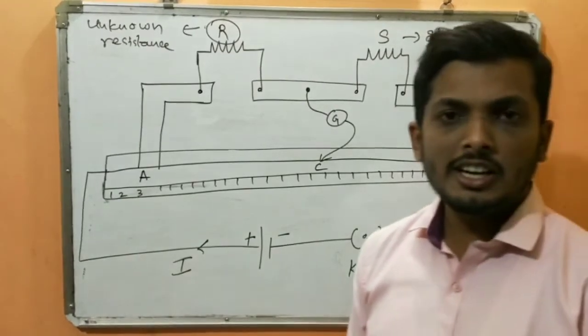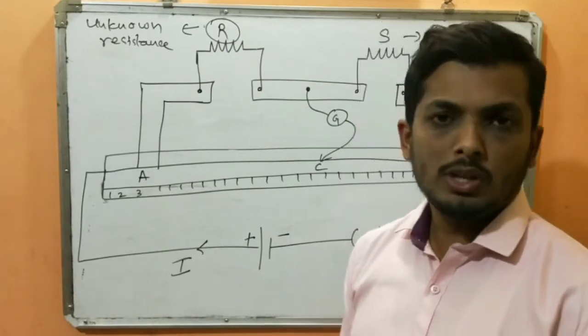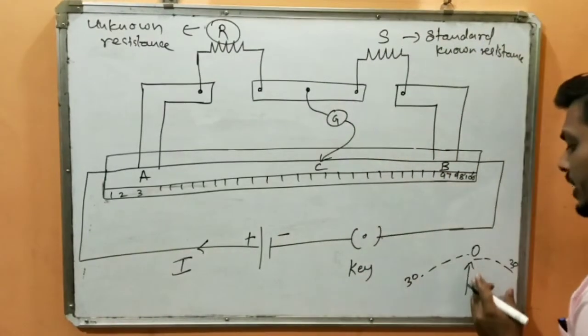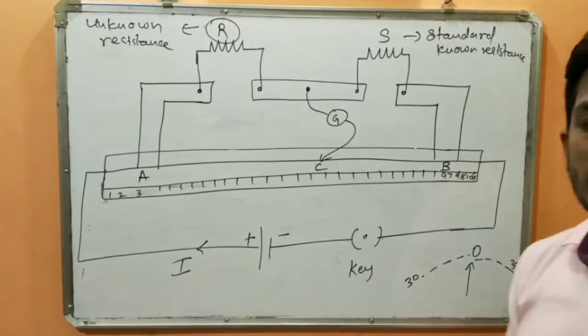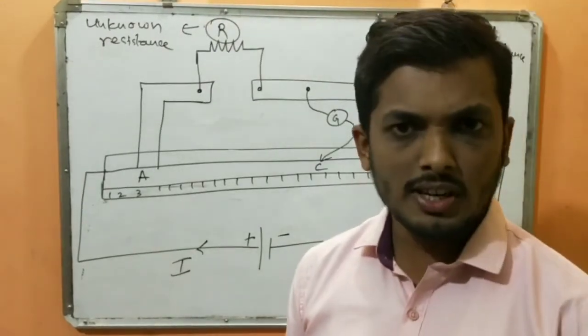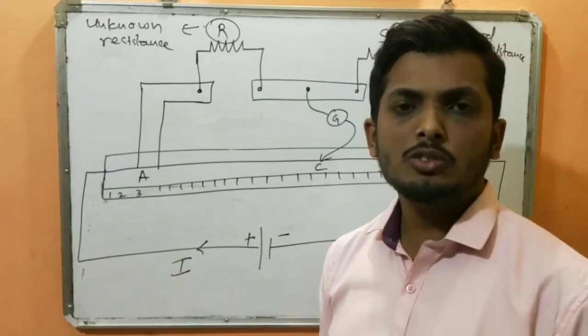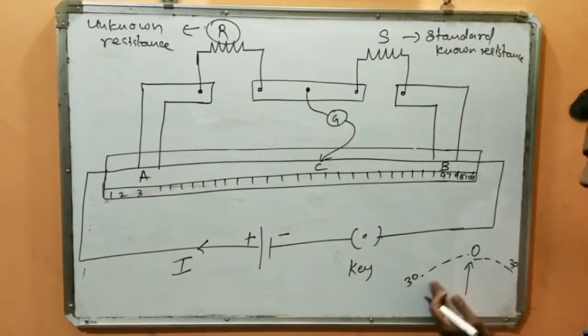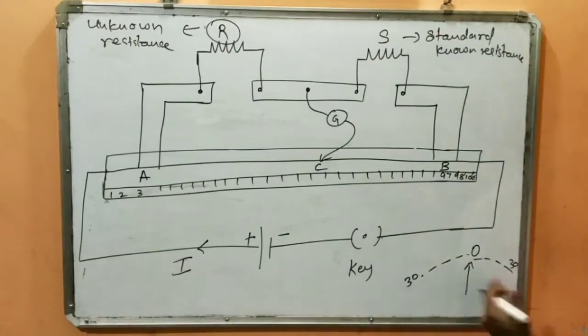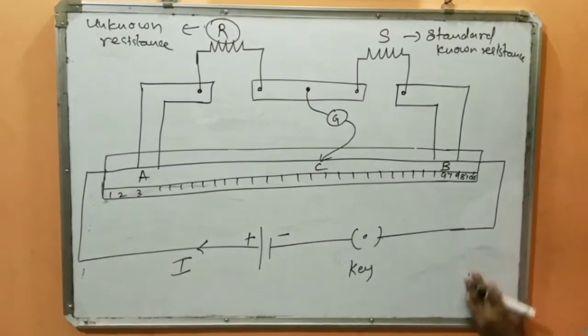The deflection indicates that current is flowing through the circuit. And if it is pointing towards 0, it is as good as saying that there is no current flowing through the circuit. In simple terms, there is no potential difference across it. So this is the galvanometer.